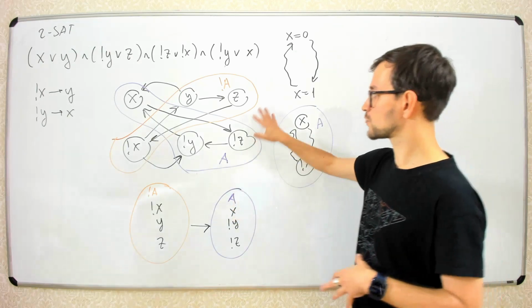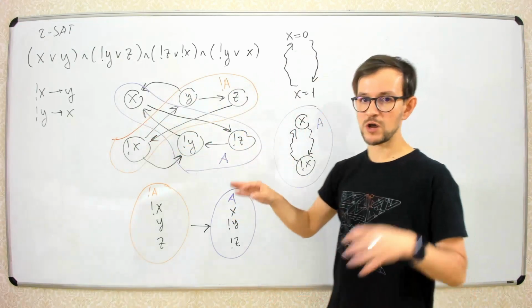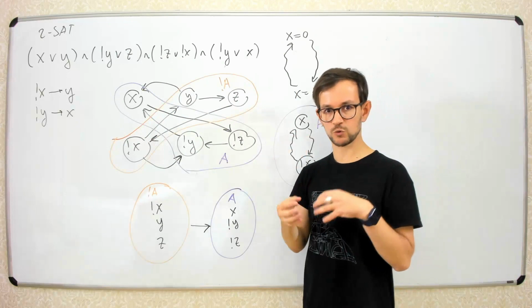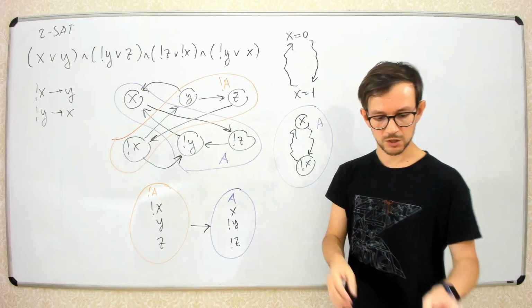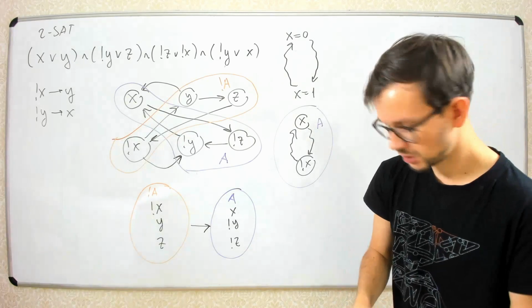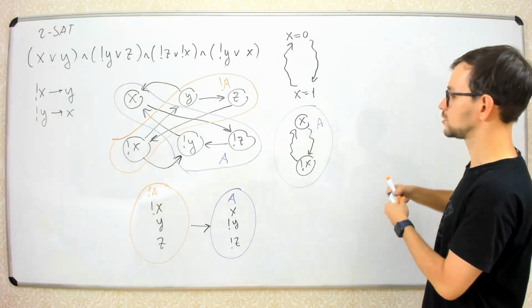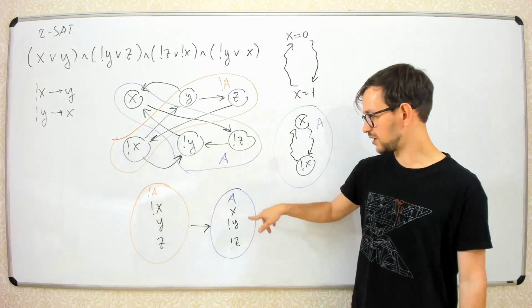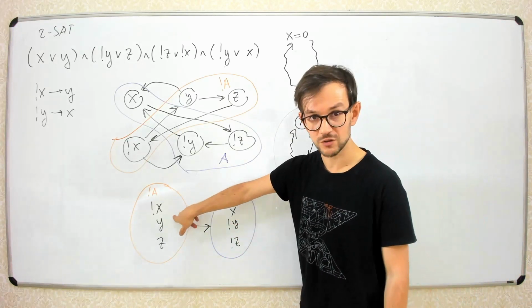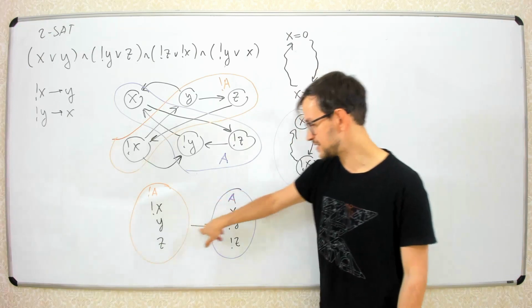Good. So what we'll do, we will build the same problem, but only on components. So instead of solving this problem, we reduce this problem to a smaller problem, to the same problem, but on this condensation. So in this condensation, you have a problem like this. You have only one variable. It will be true or false. And you have this implication here.